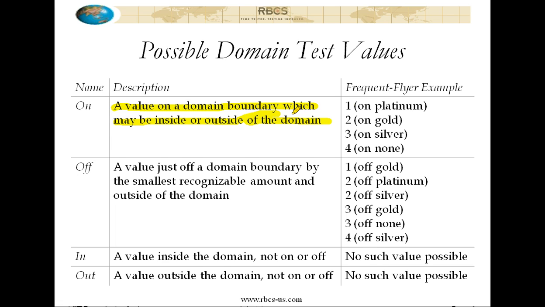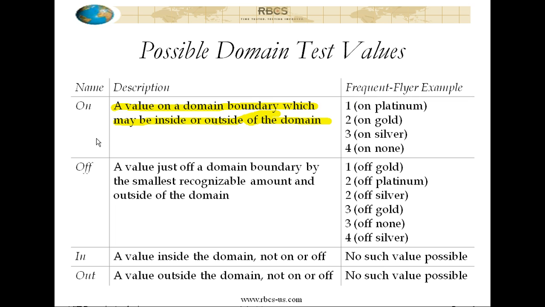It's not a volume and so forth. So you're either in one domain or you're in another. So every value is in a sense a boundary value because you're one discrete step away from being in another domain. So 1 is an on value for platinum, the value 1 that was shown on the previous page. 2 is an on value for gold, 3 for silver, and 4 for none.